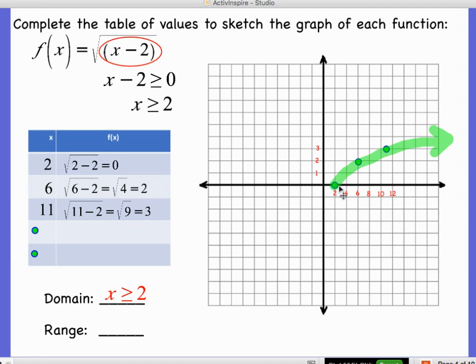Well, again, my lowest point, my minimum point is at 2, 0. So my function is not going below the x-axis. For that reason, y can be greater or equal to 0. Okay. So as you can see, we shifted this square root of x function over 2 units to the right.